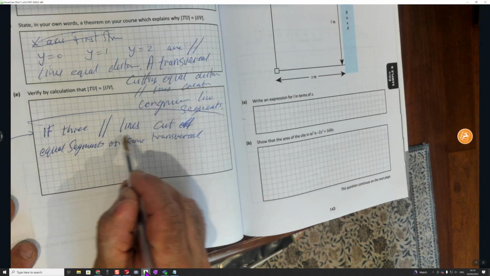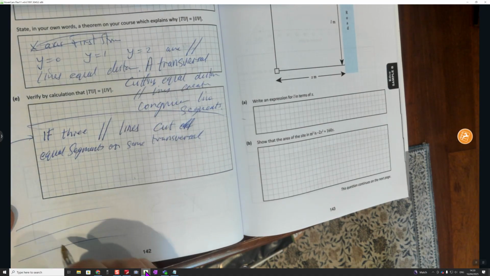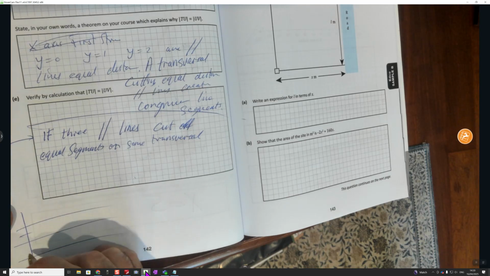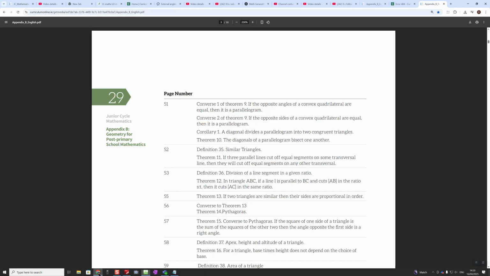If three parallel lines cut off equal segments on some transversal, like that's equal to that, then, here comes the then, it's always part of the theorem, then they will cut off equal segments on any other transversal.